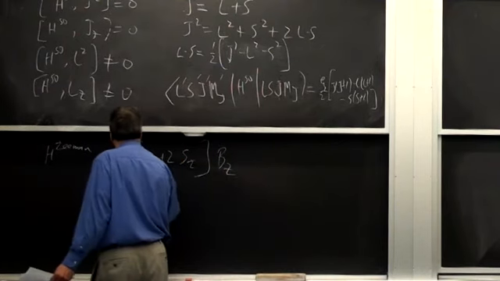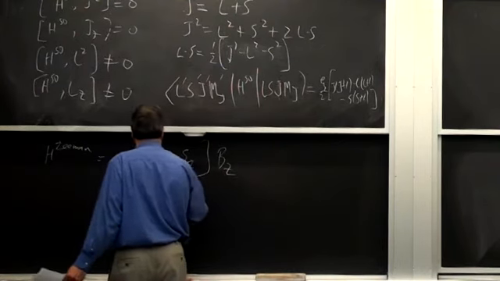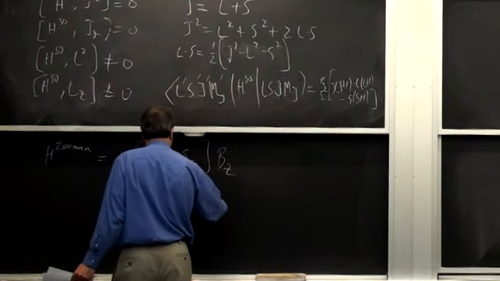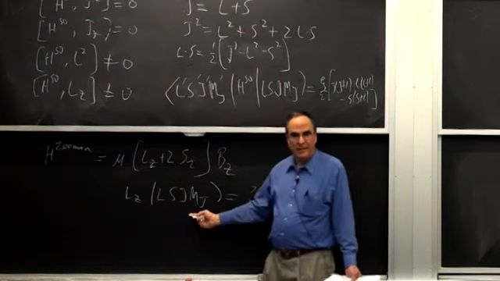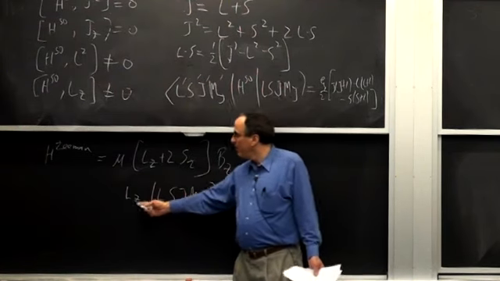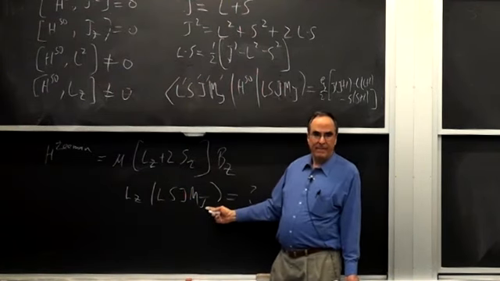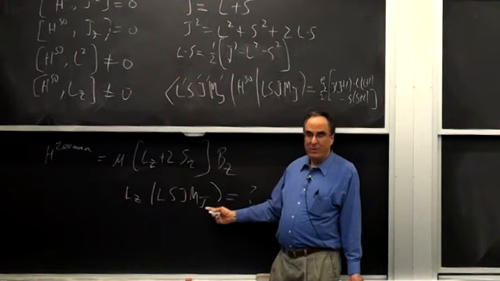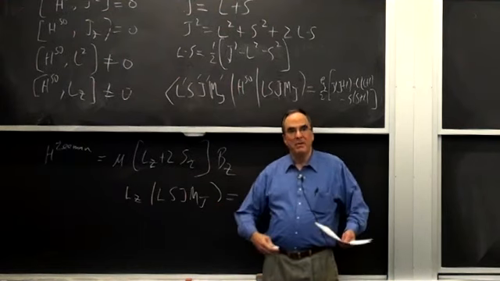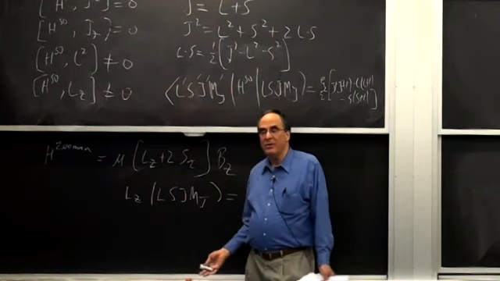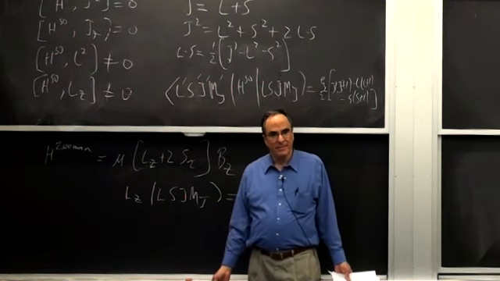Well, you don't know what LZ or any component of L does to this thing. So one solution is to say, well, I guess I can't use the coupled basis set.